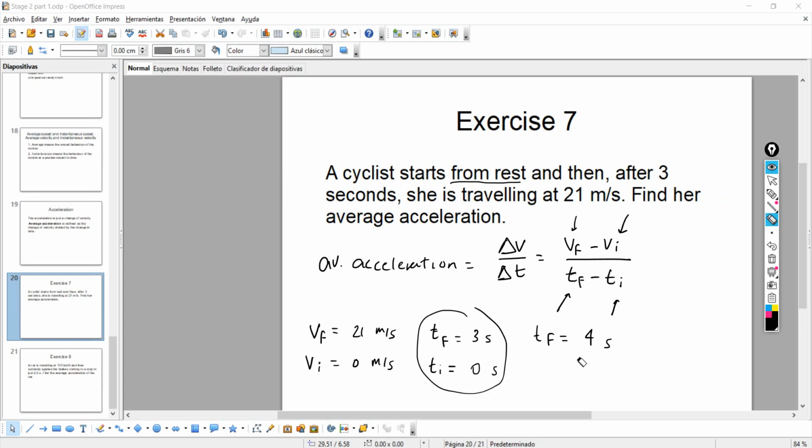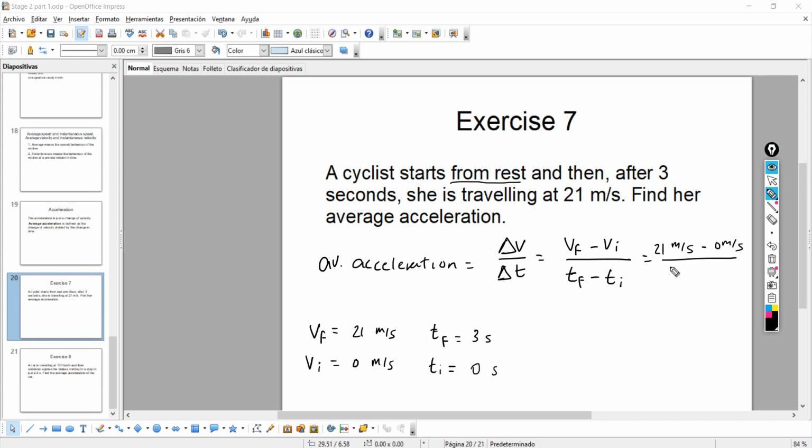We have all the ingredients to calculate the average acceleration because we have all of these quantities involved in this division, right? So let's substitute. Final velocity, 21 meters per second, minus the initial velocity, which is 0 meters per second, over final time, which is 3 seconds, minus the initial time, which is 0 seconds.